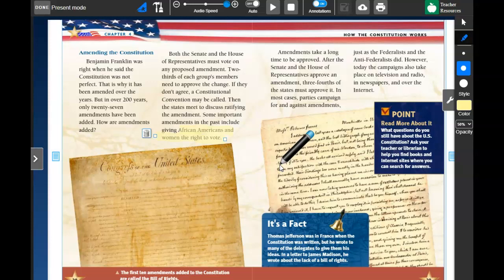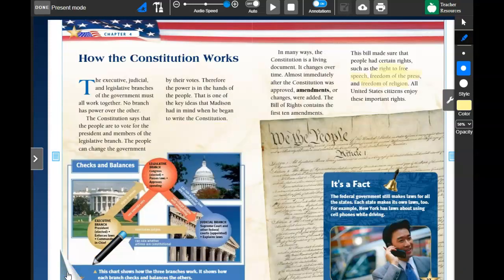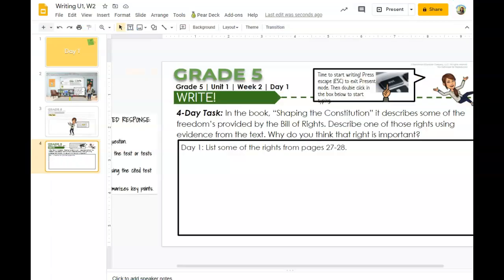So we have a few different rights that were said inside of the text. We have the right to vote for women, the right to vote for African Americans and non-white people. We have the right to freedom of speech, the right of freedom of the press, and the right of freedom of religion. So let's go back to today's writing task.